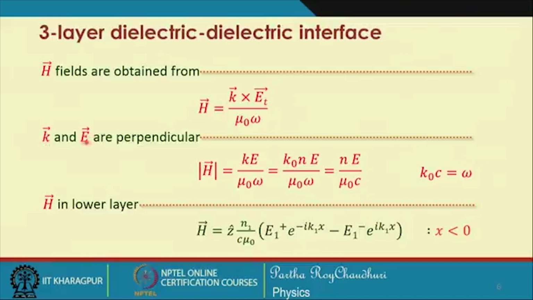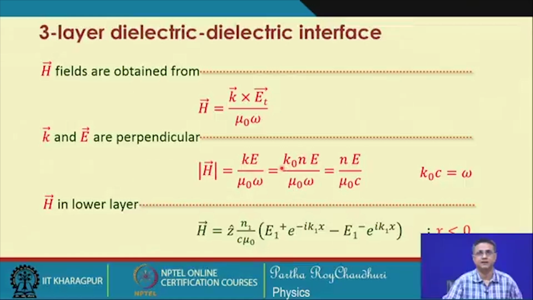Now, since k and E are perpendicular to each other, k cross E is simply the product k into E, and so the magnitude of H will be represented by k naught n E by mu naught omega. Using k naught c equal to omega, we can simplify the magnitude of the magnetic field in terms of the electric field magnitude as n by mu naught c times E.